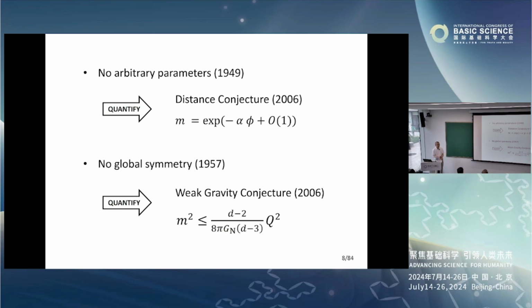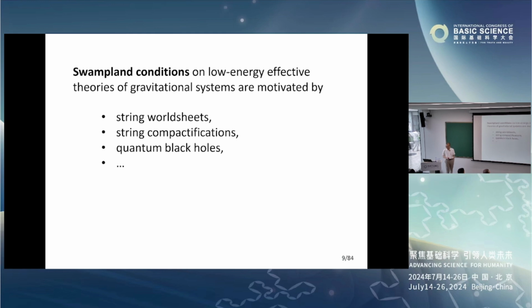I put some years over here for when, as far as I can go back, I can trace when this was first pointed out. And the absence of global symmetry is related to the citation of the award this time. And we can quantify this to talk about the weak gravity conjecture. So today I will mostly talk about these two types of constraints. I'm going to explain that.